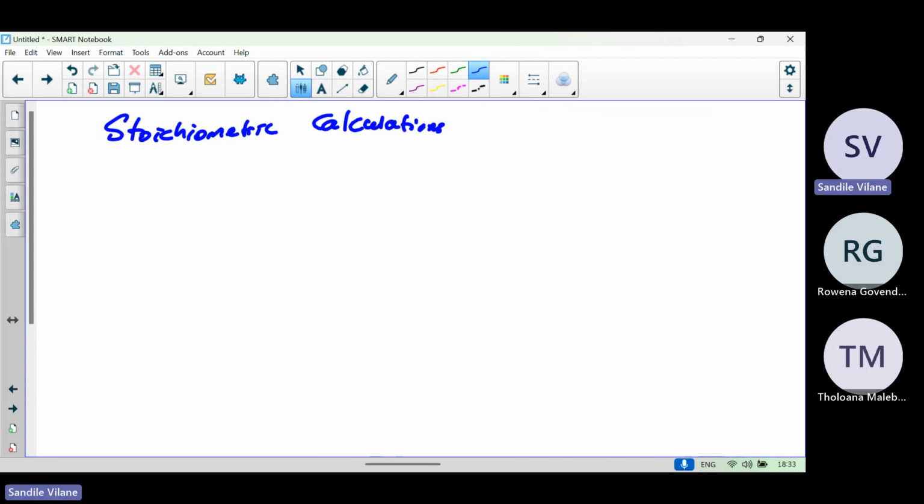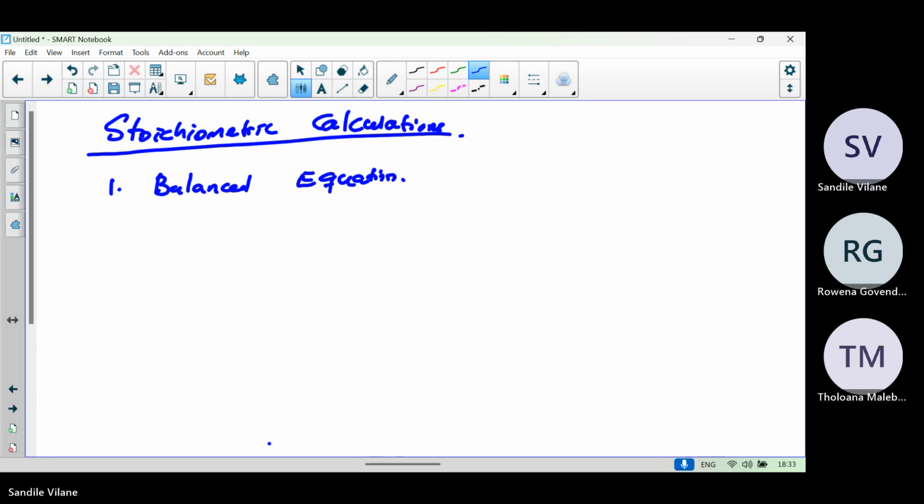The first thing in stoichiometry, you can't do anything without this. Why do we balance the equations? The answer is we are doing that so that we make sure that the atoms are conserved, meaning if I'm starting with 5 sodium atoms, I must end with 5 sodium atoms.